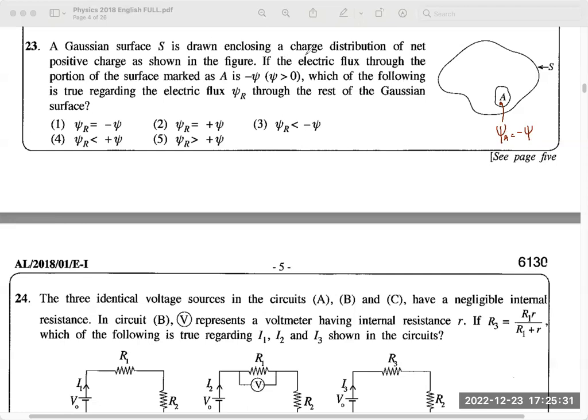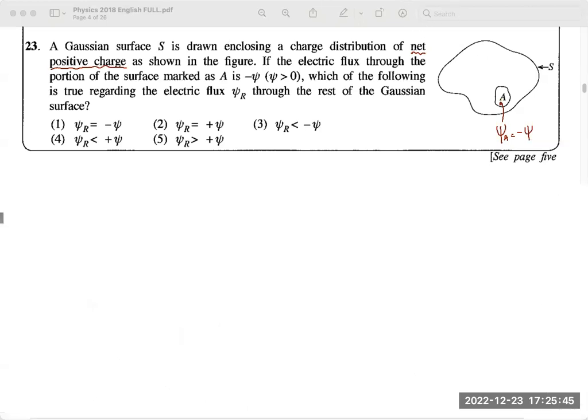But this is important: there's a net positive charge. So using that we can decide one thing very clearly: overall flux must be positive.